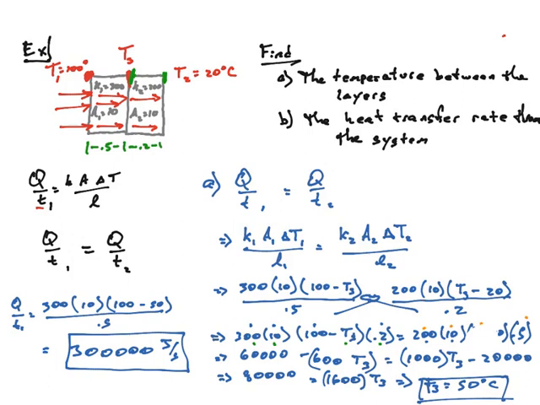Now, a way you can check this answer to see if this is true is find Q over T2. Q over T2, if I were to calculate that, better be the same as Q over T1. And of course it is, if you plug the numbers in. 200 times 10 times 50 minus 20, that's T3 minus 20, over L2 of 0.2.